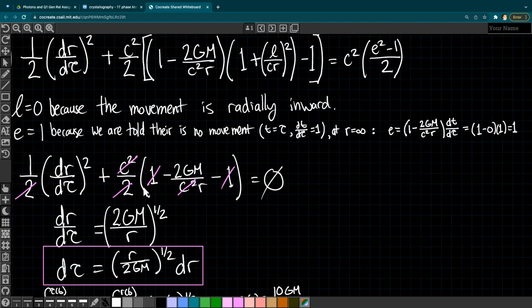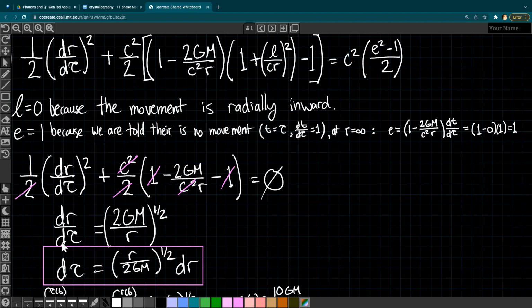So then this plus 1 cancels out with that minus 1, this c squared cancels out with this c squared, this 2 cancels out with that 2. We have just that this left side equals 0. We can square root both sides. In the end, we have dr by d tau equals this expression here. And then we can rearrange to get d tau in terms of dr, and we get this expression here.